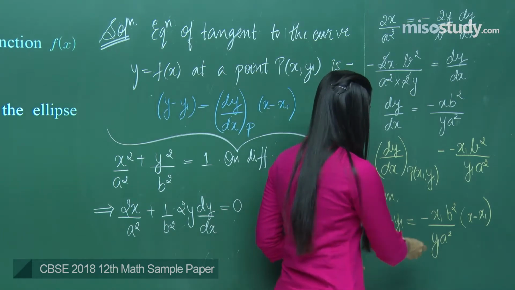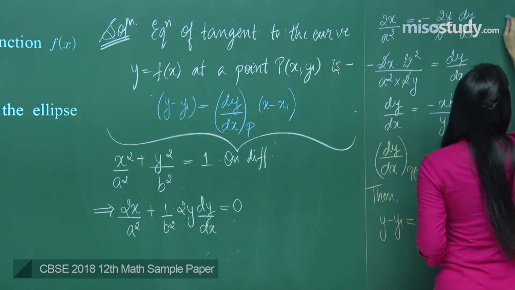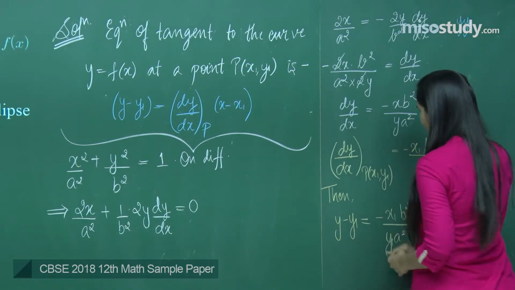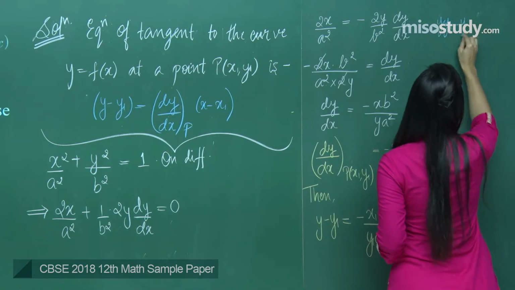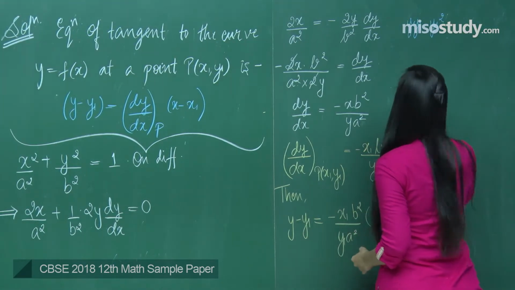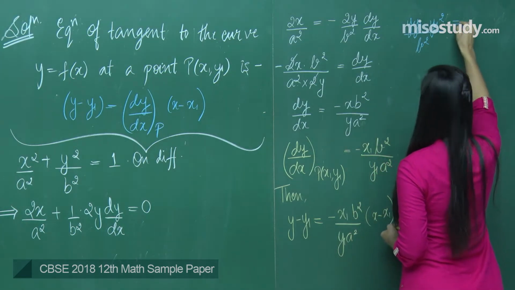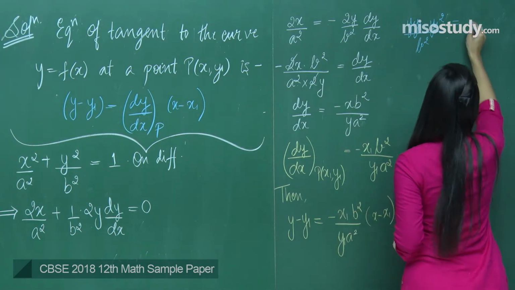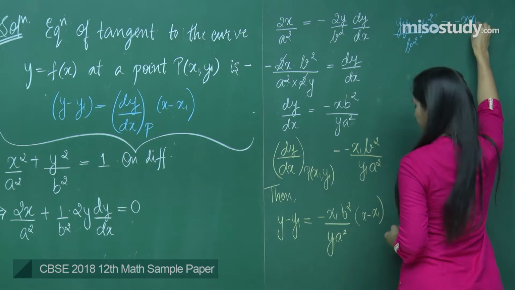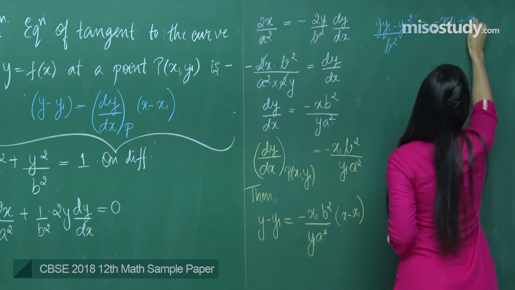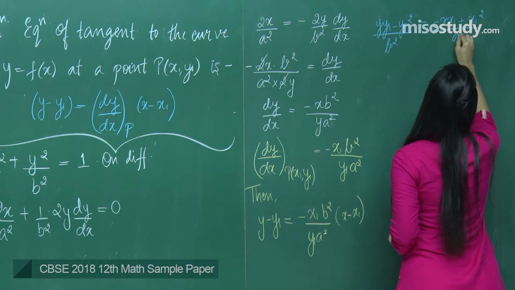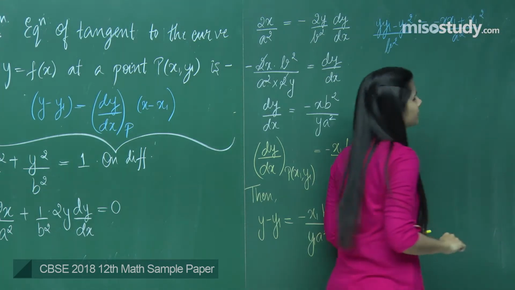To simplify it, take y1 above, you have y into y1 minus y1 square upon b square is equal to minus x1 x plus x1 square upon a square.